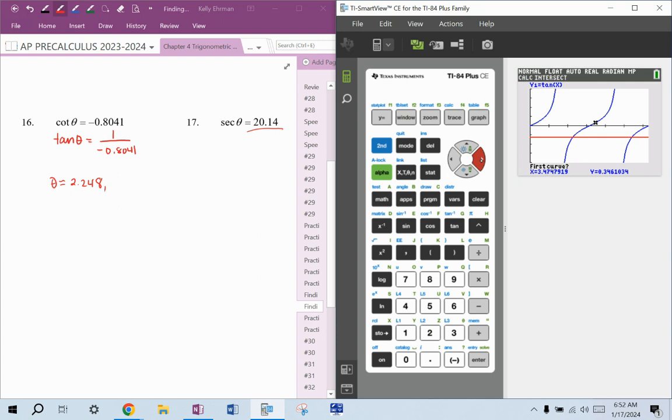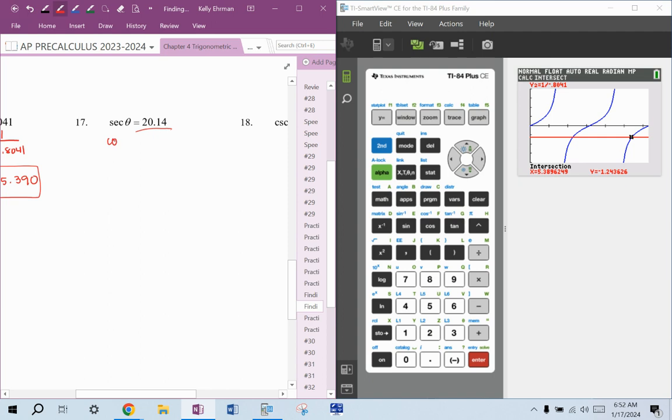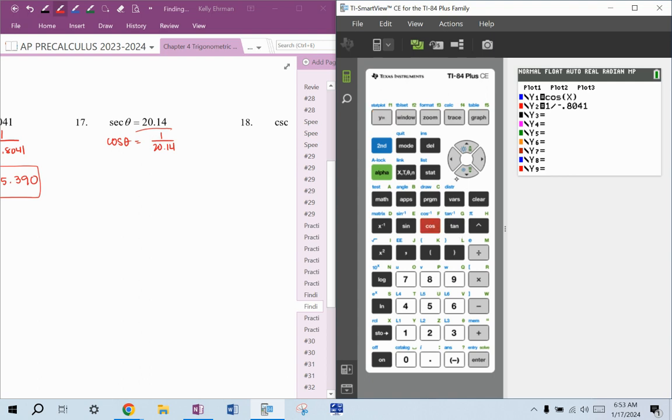this is the tedious part on my computer. I think it arrows faster on your own calculator. There it is. Enter, enter, enter. 5.389 will round up to 90. So I need to make this cosine theta is equal to 1 over 20.14. So I change this to cosine and change this to 1 over 20.14.